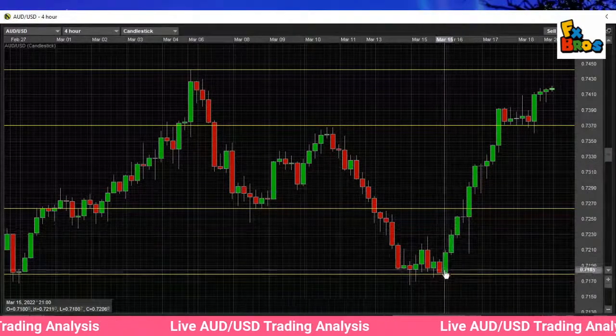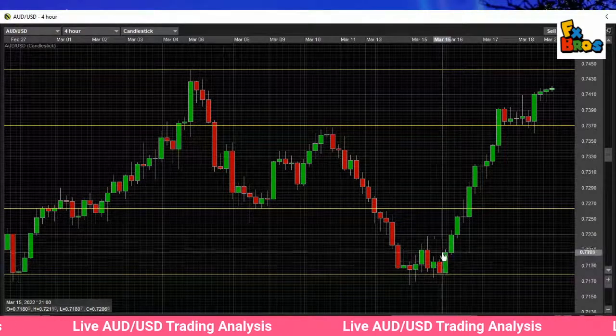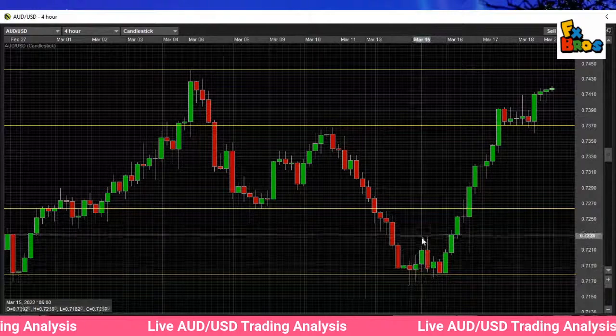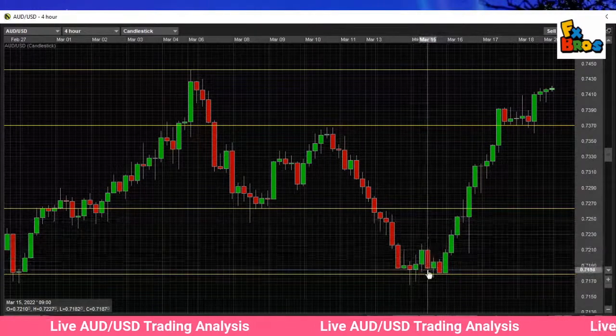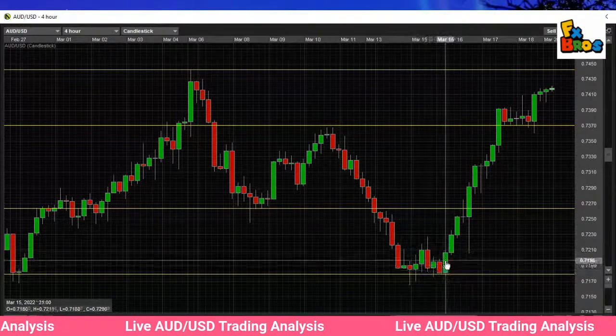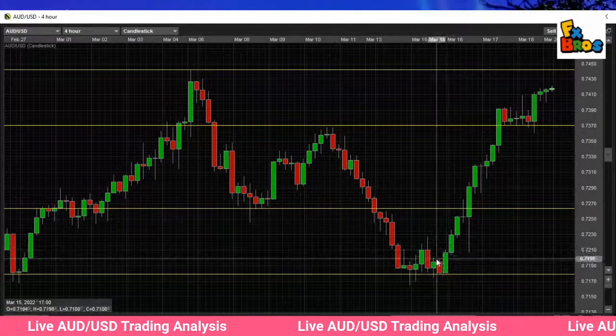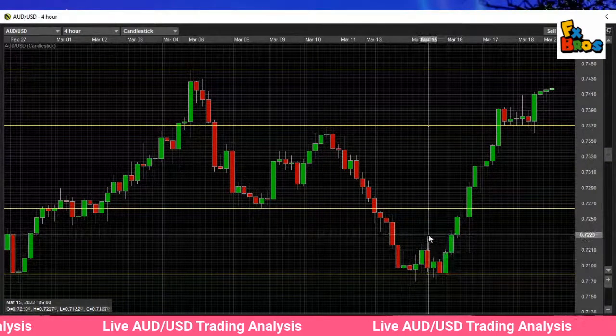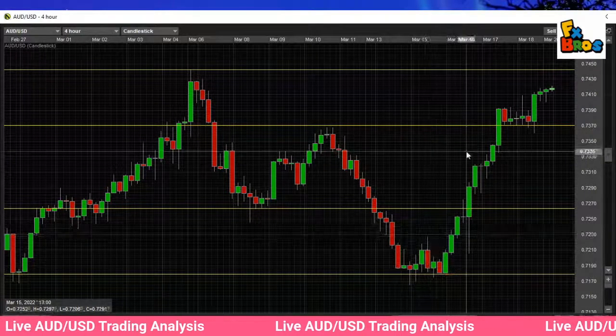If you're on a 4 hour and you know what a daily created a turnaround at, and they previously created an indecision candle, which you see is consolidation right here, you know this breakout above these highs right here, and then also the breakout above this recent high right here, was good. It's golden for buys.